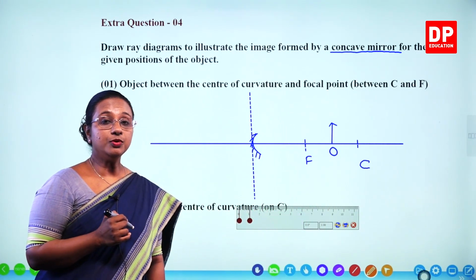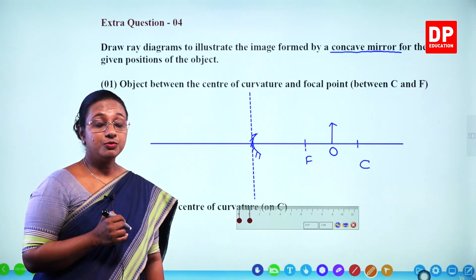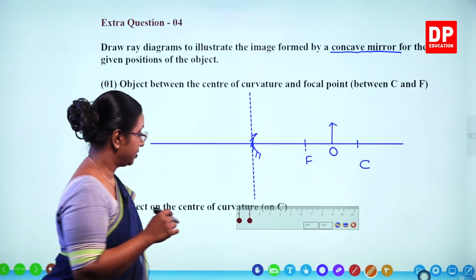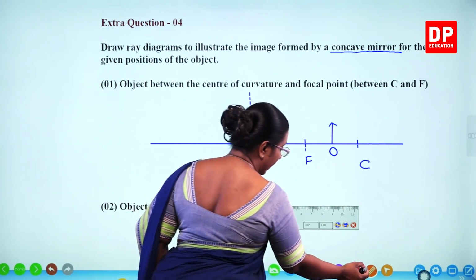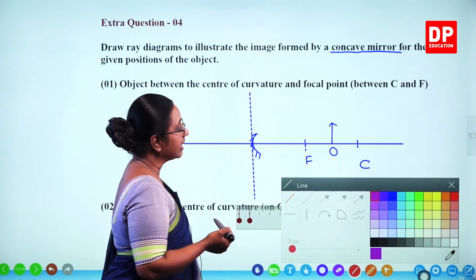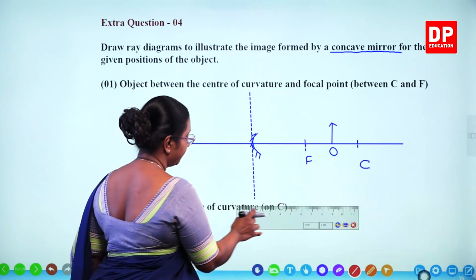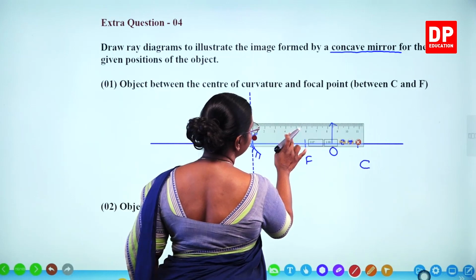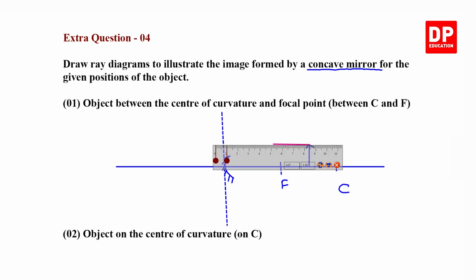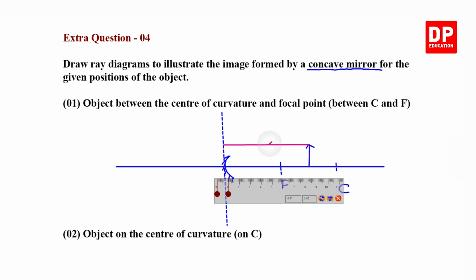Then what do we do? We have to draw two rays that are coming from the top of the object. So to do that, I will use a different color. Then you can understand the rays easily. So a ray coming parallel to the principal axis. So that is the first ray.